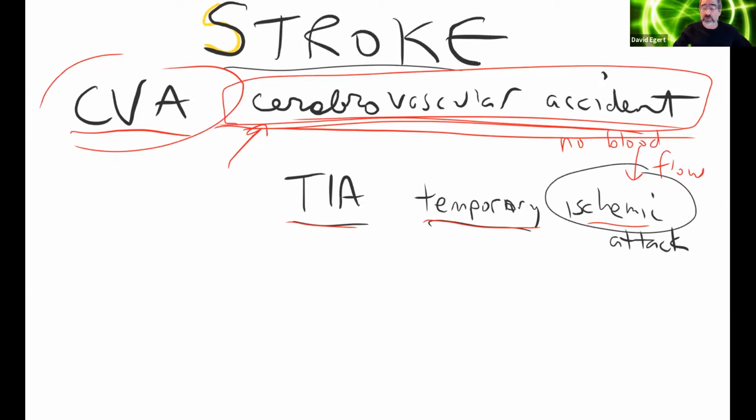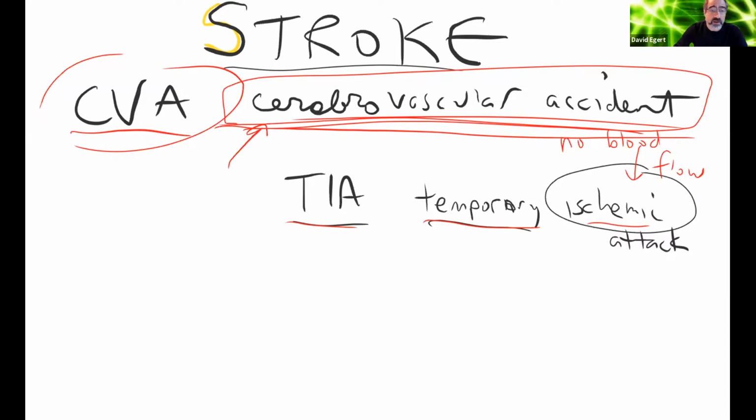And when we get to the cardiovascular system, we'll talk about different things that can go wrong, like thrombosis and things like that. You can get things that get stuck in the vessels that block flow. You can also get atherosclerosis, where there's less and less flow because plaques are coming in and blocking flow.